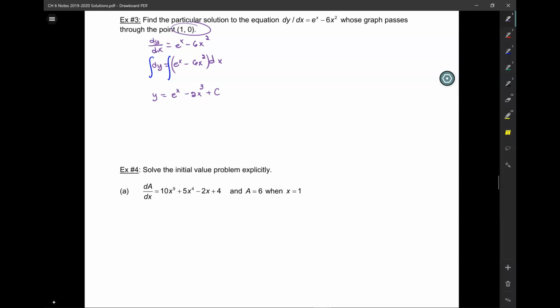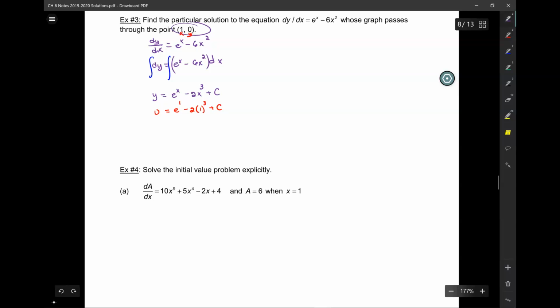Now I substitute my point. Here I have an x and a y. All right, in my 1, 0. So when y is 0, I have e to the 1 minus 2 times 1 cubed plus c. You see how you can solve for c now? Right?